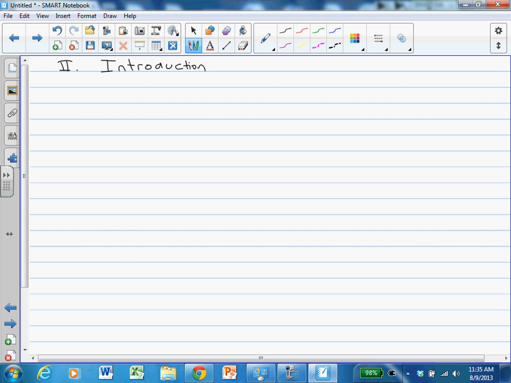So I'm just doing the introduction to this introduction. You should have done the reading up to the causes of global climate change, basically just that first page.